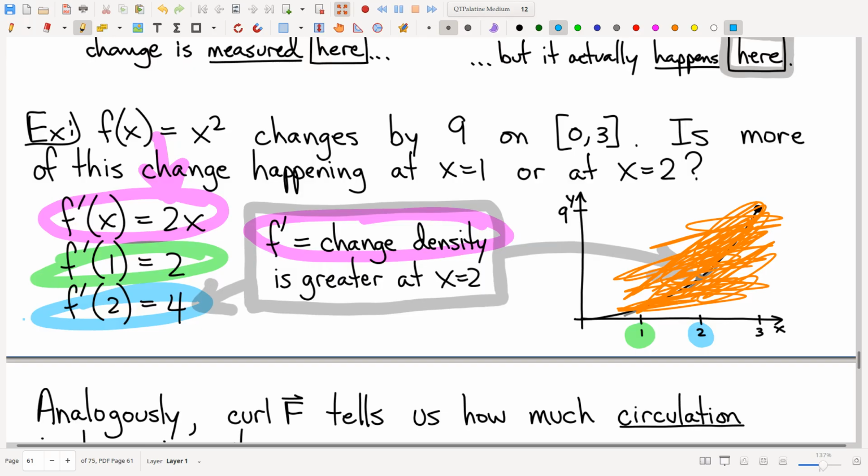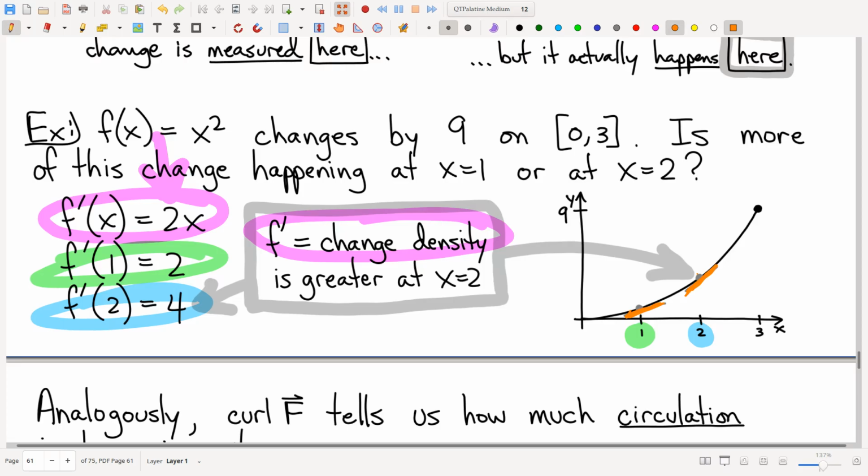Oh, it would seem that at x equals 2, there's more change density. So I think there's more change happening in the general area where x equals 2 compared to x equals 1. Does that make sense? Seems like a reasonable conclusion. And then, of course, the picture corroborates. You can very much see that there's a little bit of change happening there, but there's more change happening over here.